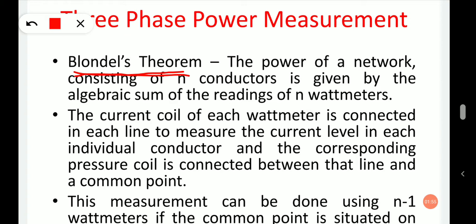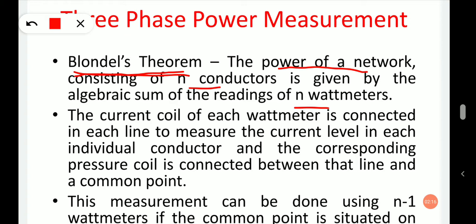So this theorem states that the power of a network consisting of n conductors is given by the algebraic sum of the readings of n wattmeters.